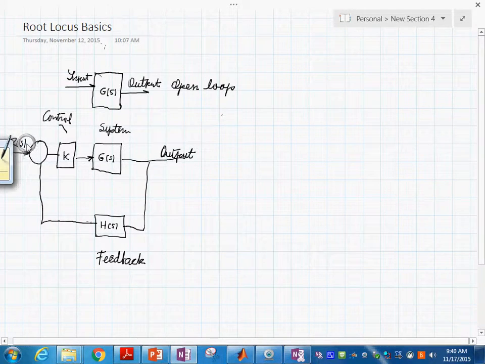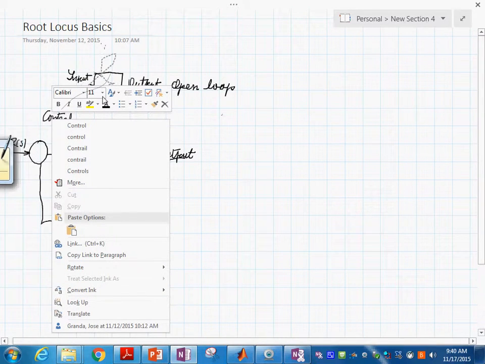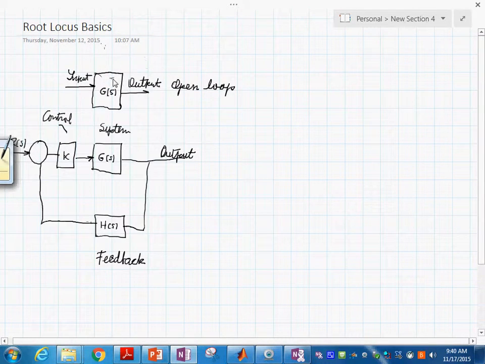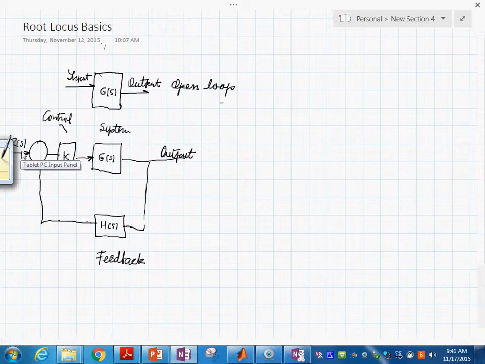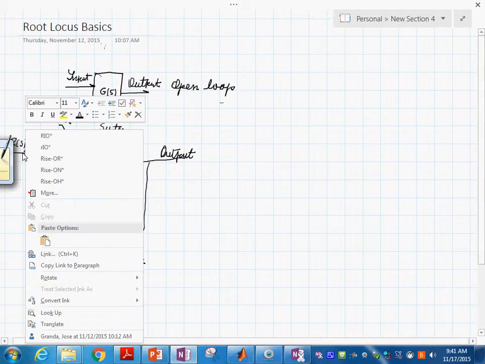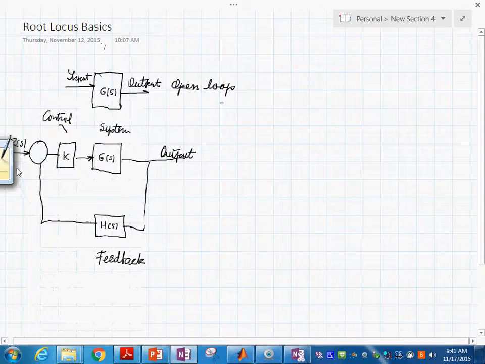For example, if we are setting the temperature of a room, this is our room, and we would have here a reference point about which we measure things.